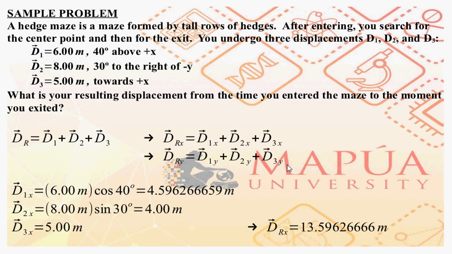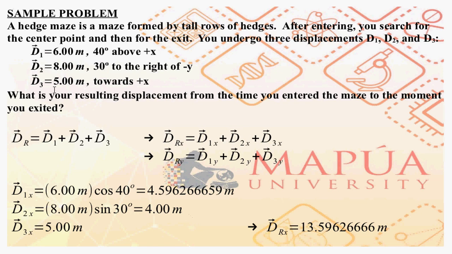So use your component method to determine the x component of D1, which will give you 4.596266659 meters. X component of D2, again, use your SOHCAHTOA as we have described before, which will give you D2x equals 8 meters sine 30 degrees, or 4 meters.